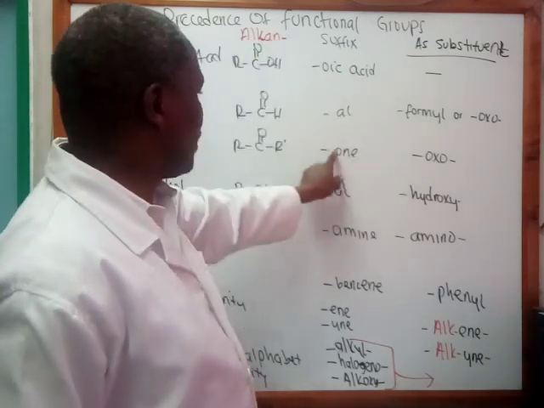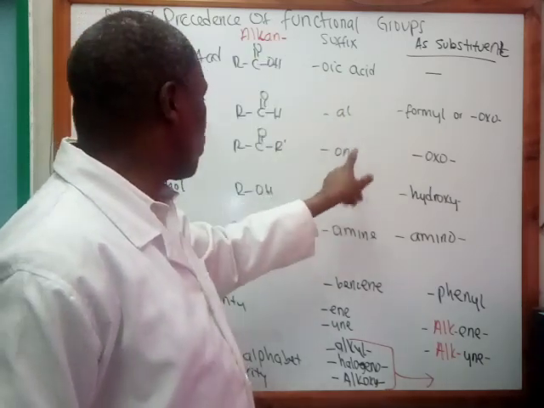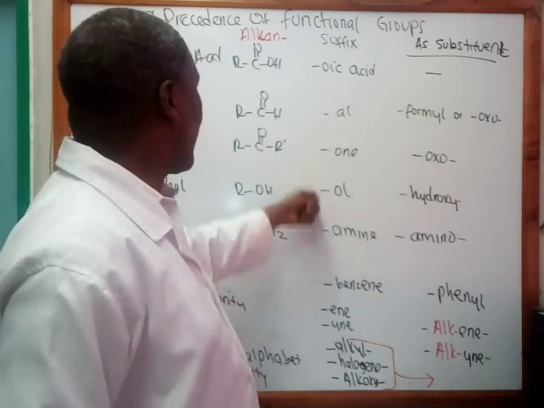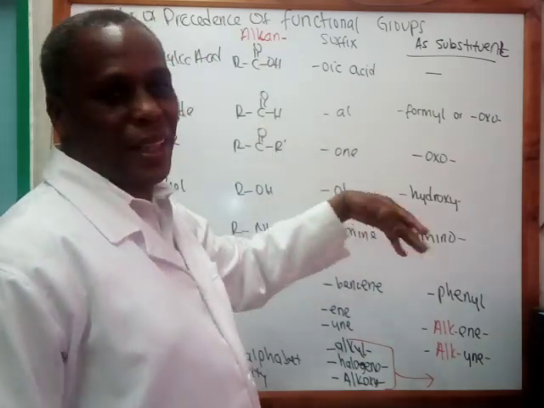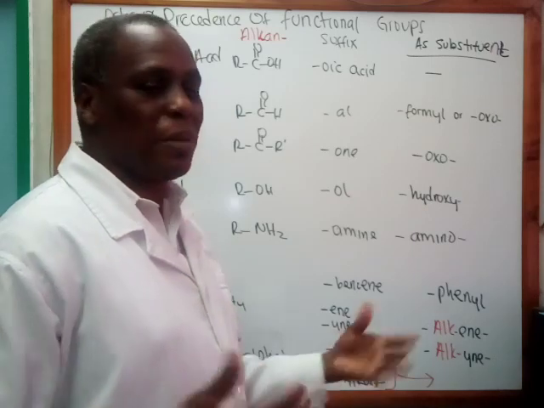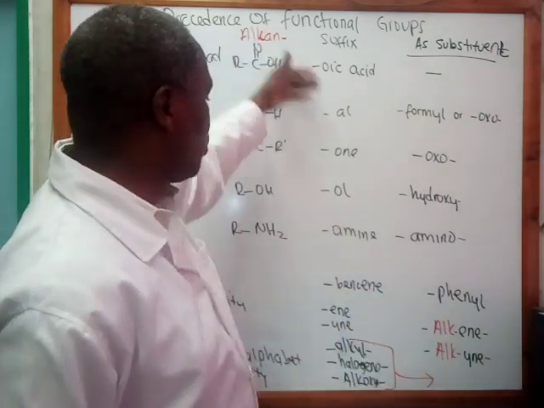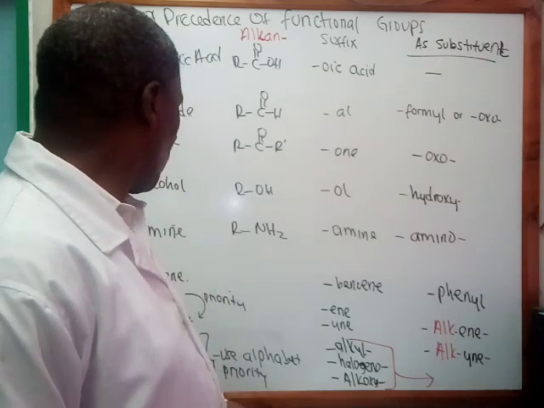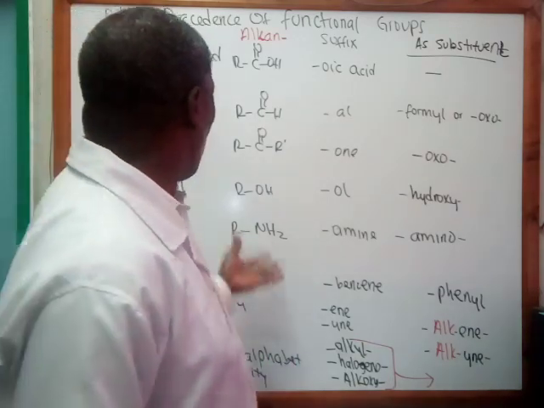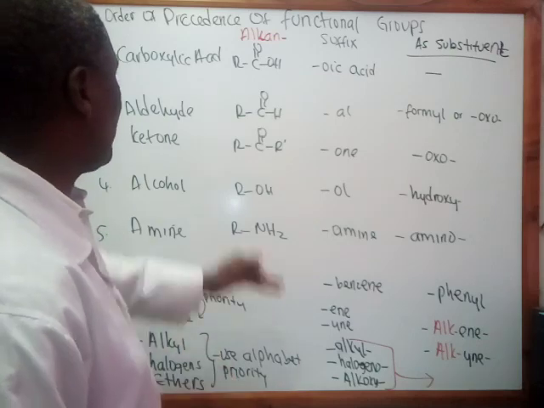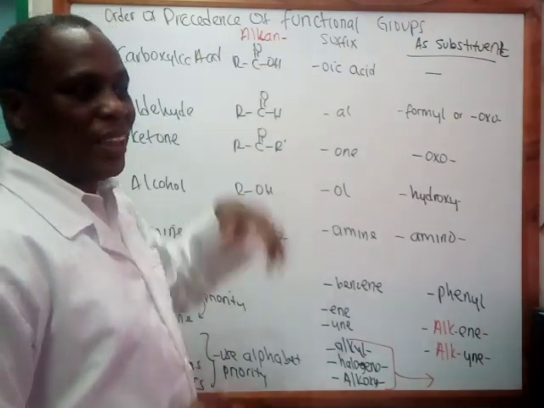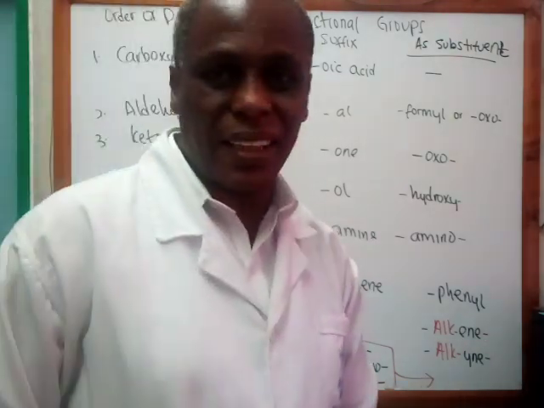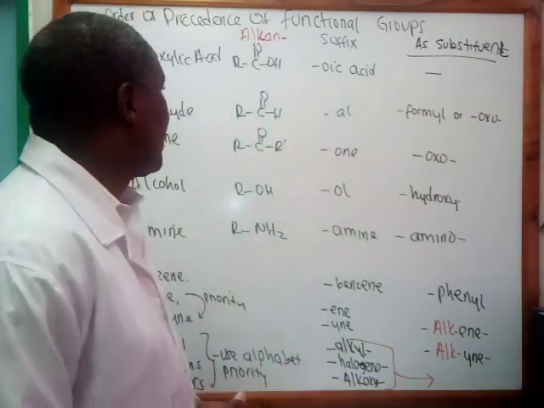If you have alkan, then on, it becomes alkanone, alkanol, alkanamine. I'm talking about something like methylamine, an alkyl group and then an amine. So what you're going to see here is that the carboxylic acid has got the highest priority.